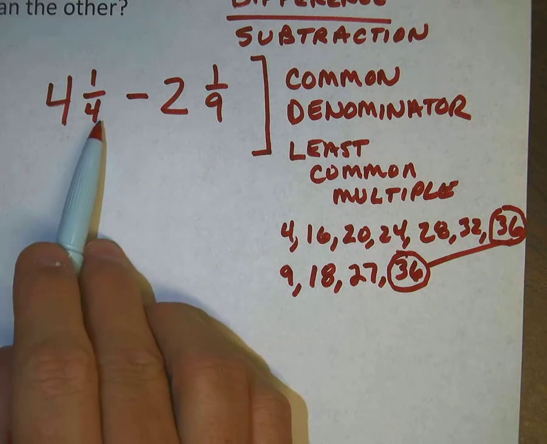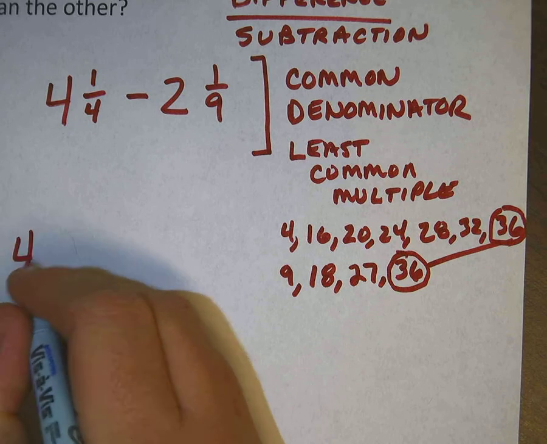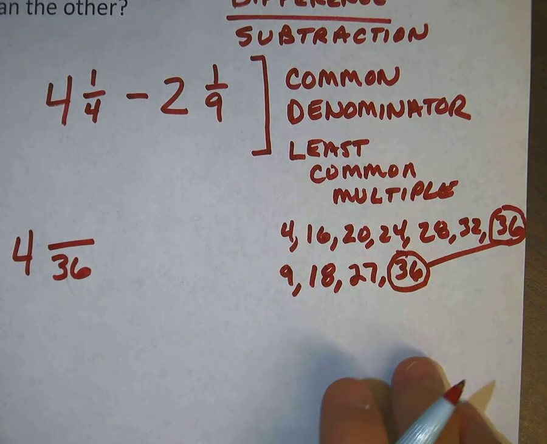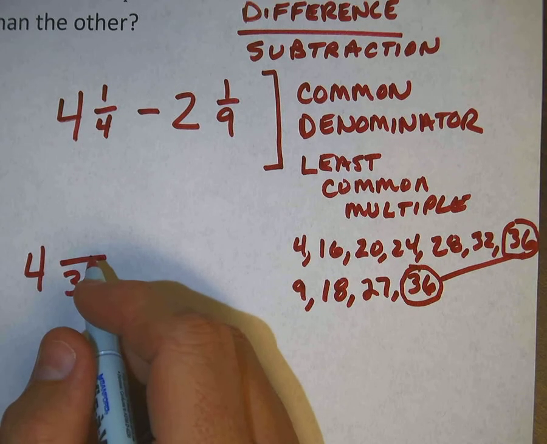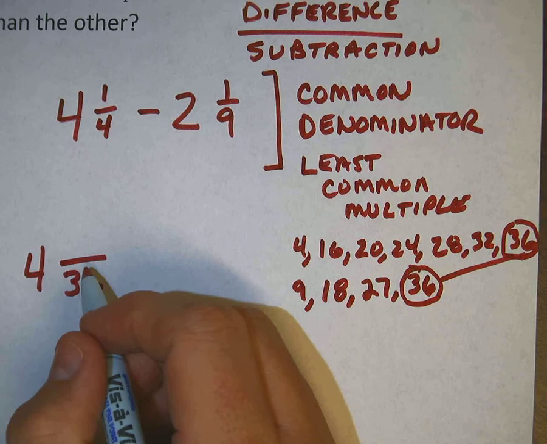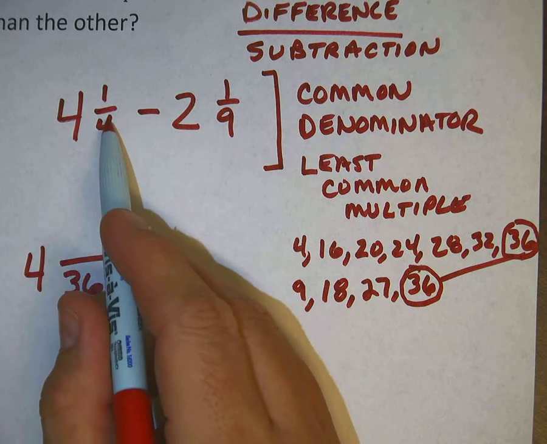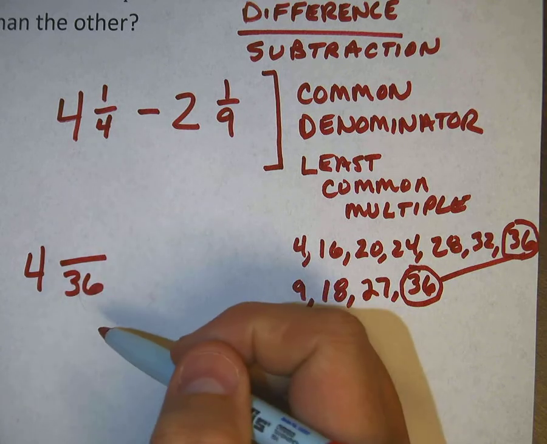So I need to write 4 1/4 as 4 and something over 36. Well, the first tendency is to just put 1 there, but I can't do that because 1/4 is not equal to 1/36. Look at my denominators, 4 and 36. What do I have to multiply 4 by to get 36?